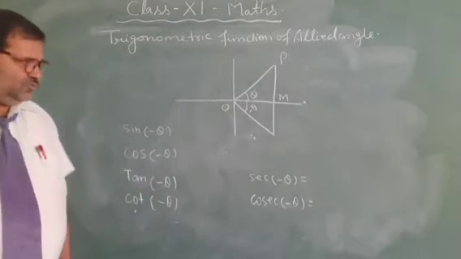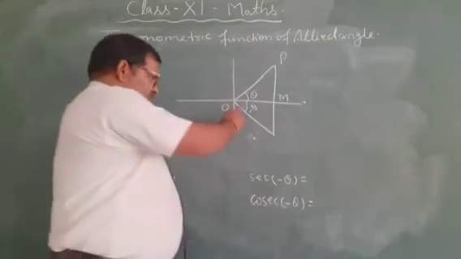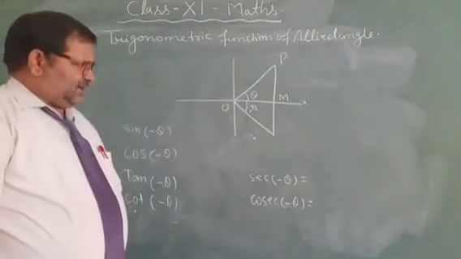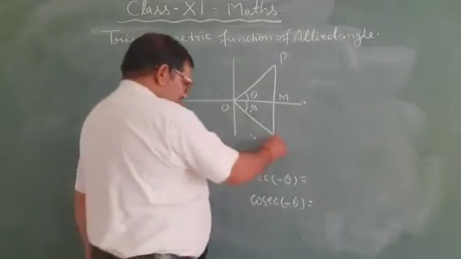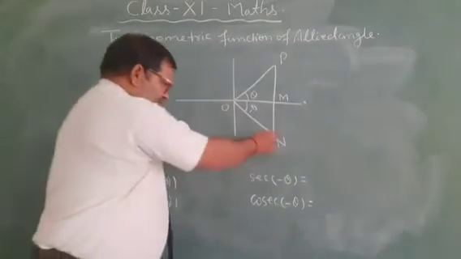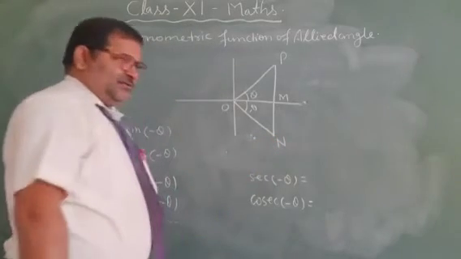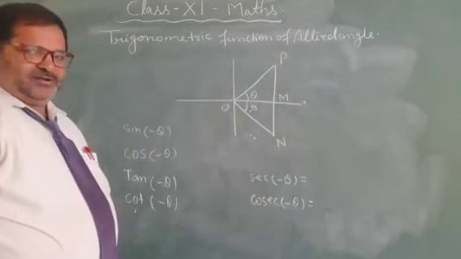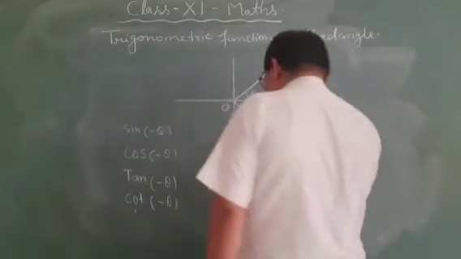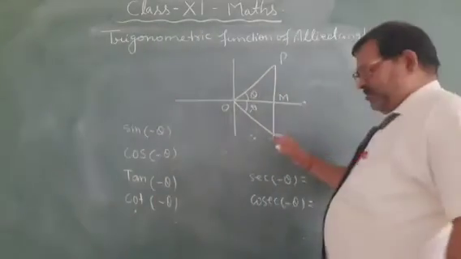So this angle is a negative angle of theta. So this point lies in the fourth quadrant.